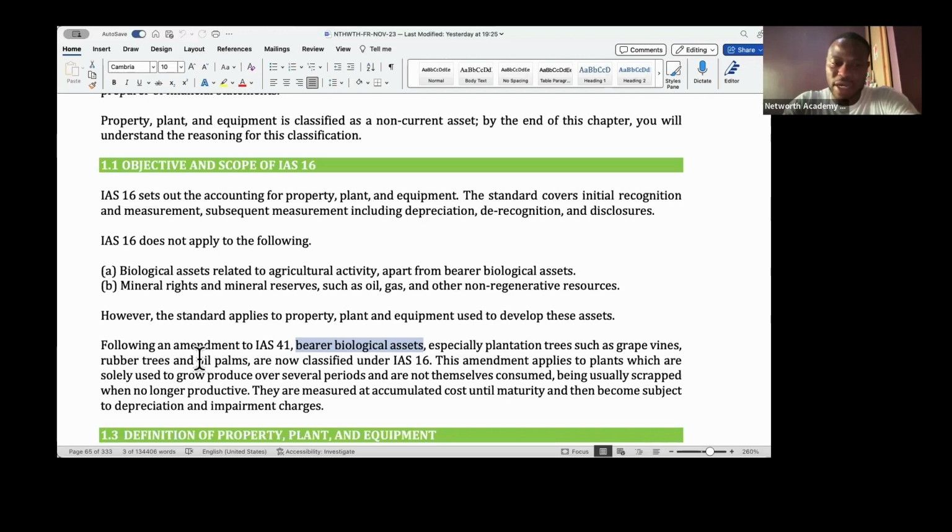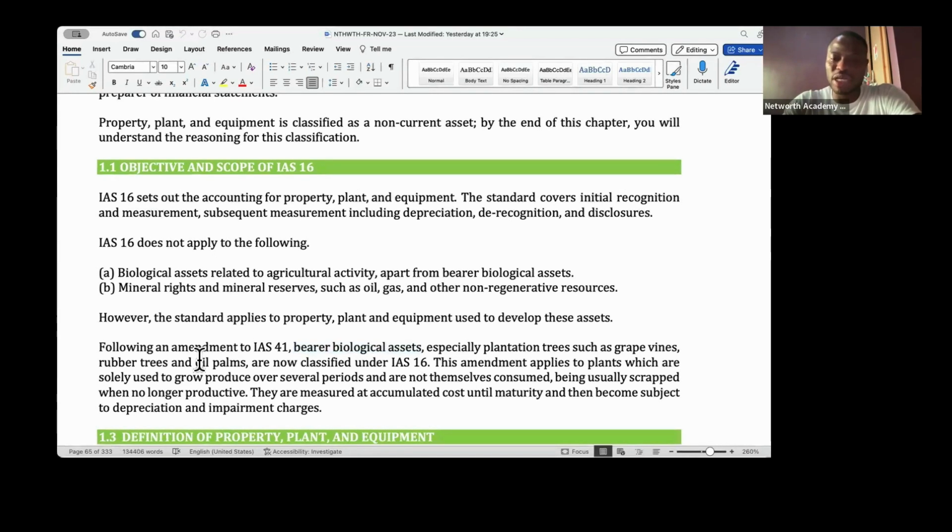Items like oil palms or a rubber tree, a tree that is used in producing other items, are the kind of biological assets that IAS 41 says should be classified under IAS 16. Okay, so let's move away from there.